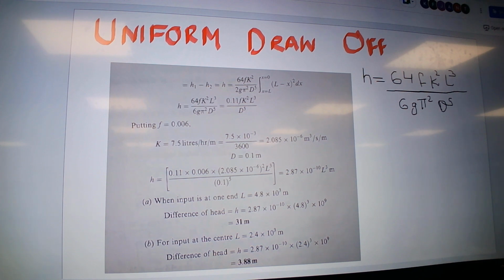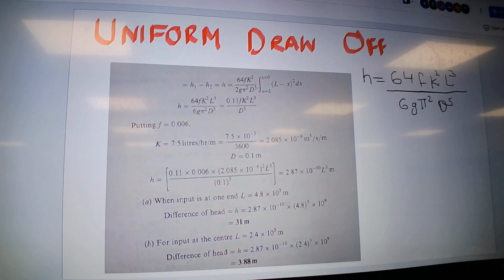And then we just put the values. Now 64 is given, F is 0.006, and L is given. L is per meter, so we can figure it out at two different ends. Diameter is there. The issue is with this K value.